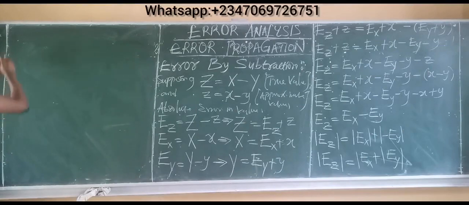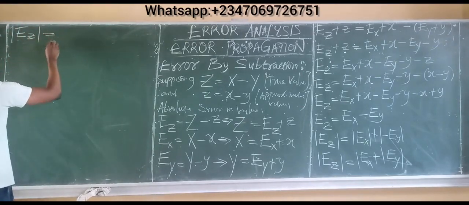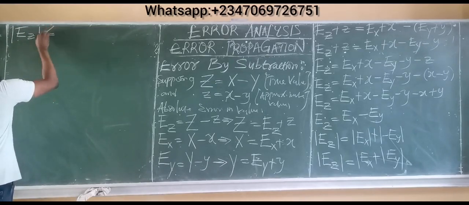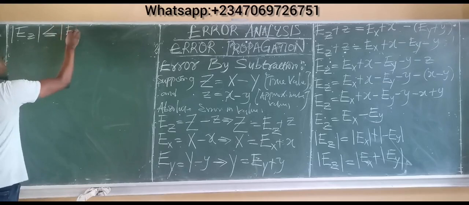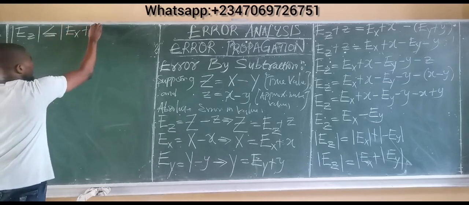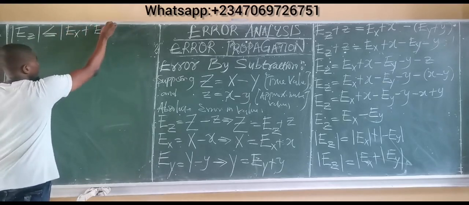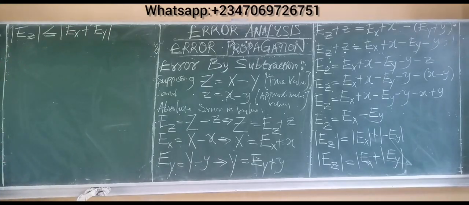So if we introduce our triangular inequality, we have that the error in z is going to be less than or equal to the error in x plus the error in y. This is now your absolute error.